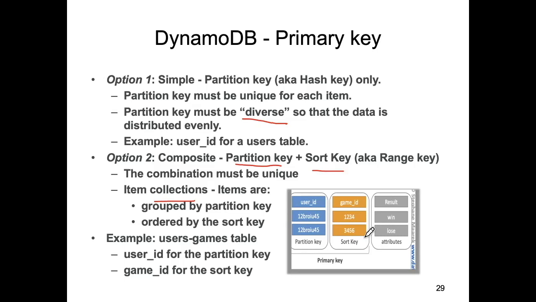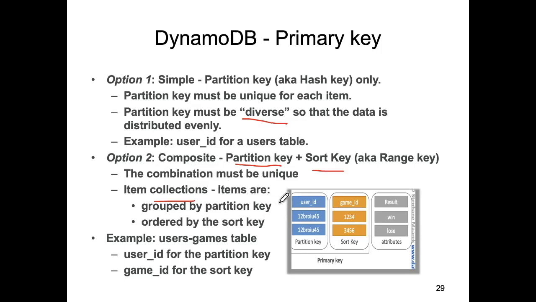each user's score for a particular game, and maybe some other attributes as well associated with a user having played a game. For that table, because a user can play many different games, the user ID is going to be our partition key, because that satisfies the criteria for a partition key, i.e., it has a wide, diverse range of values.